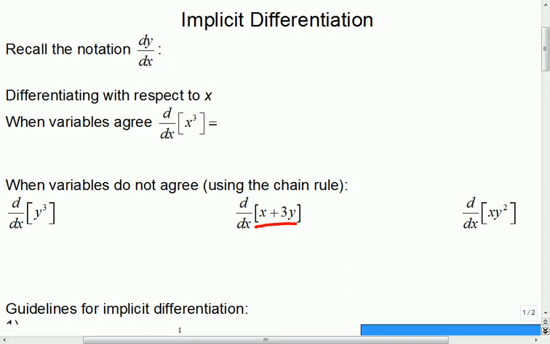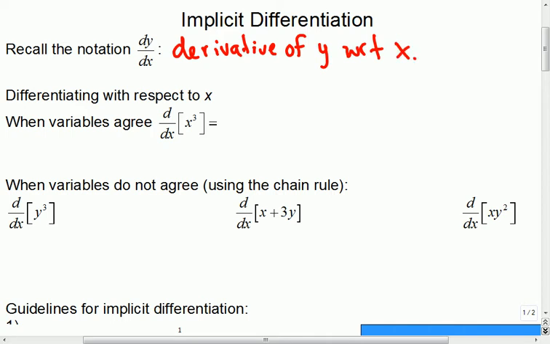But we want to work with the Leibniz notation for this, which was these little dy by dx's. So just remember that this is the derivative of y with respect to x. Okay?